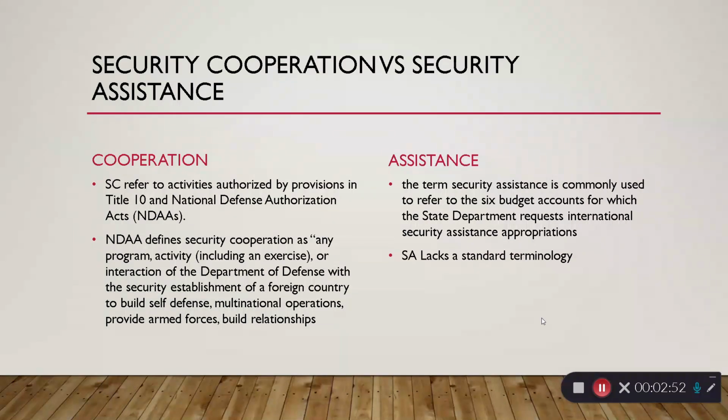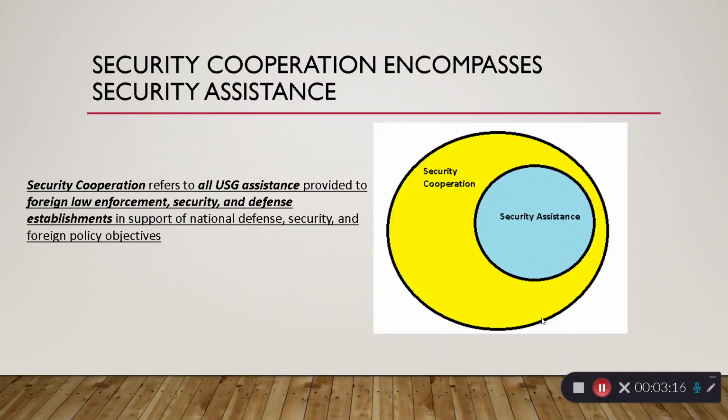Unlike security cooperation, security assistance lacks a standard terminology, meaning that it's more loosely defined. While some people can throw around the term security cooperation loosely as well, there are more codified examples of security cooperation than security assistance. However, it does not mean that it is always defined in a distinct relationship.